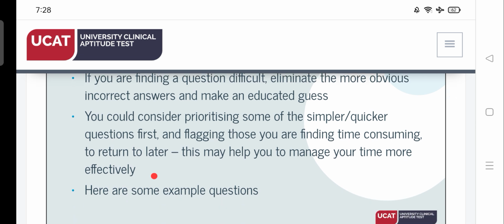So if you find some questions very simple and some very complex or time consuming, solve the simpler ones first, and leave the other ones or flag them for review. When you reach the review screen, you can solve the complex ones. That's how you can solve your questions easily and save your time.